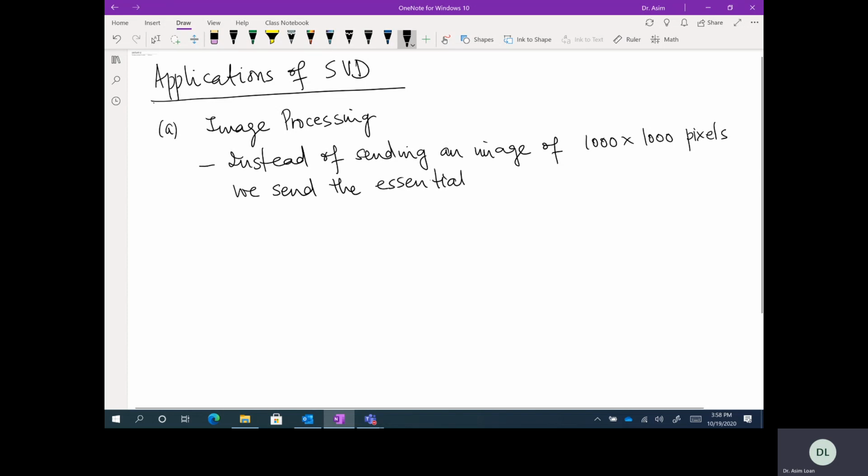And what is the essential information? The key is the singular values.